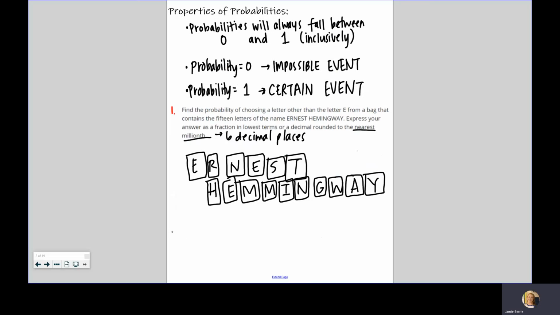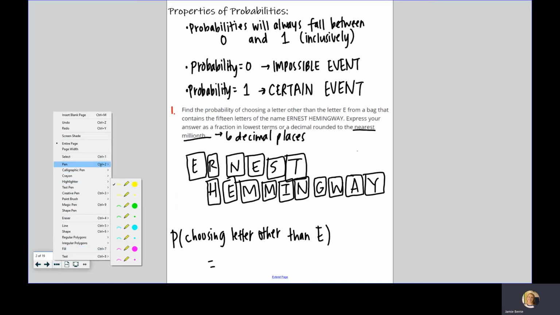And I want to know, what is the probability of choosing a letter other than E? So I'm going to cross out my E's. I don't want to consider them.